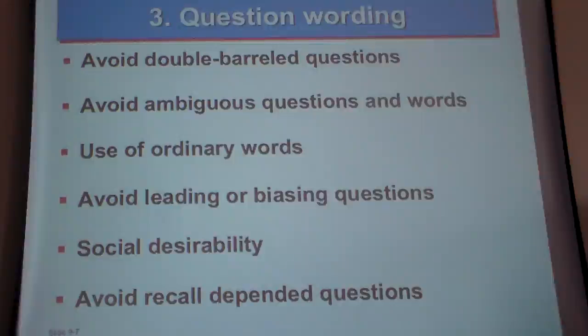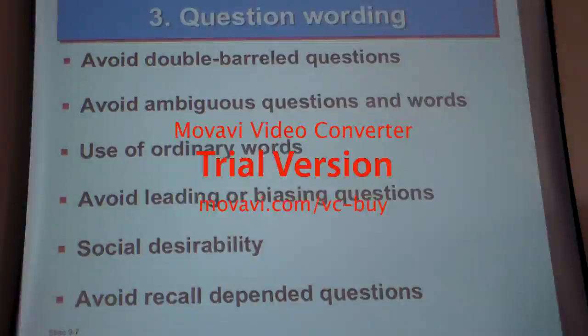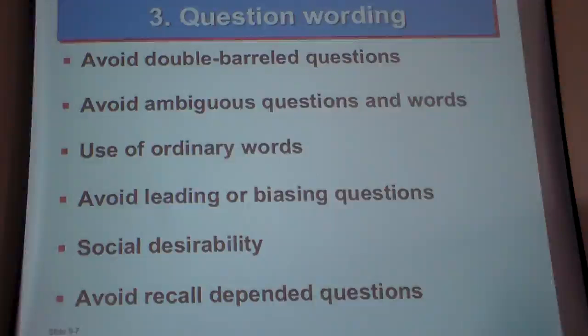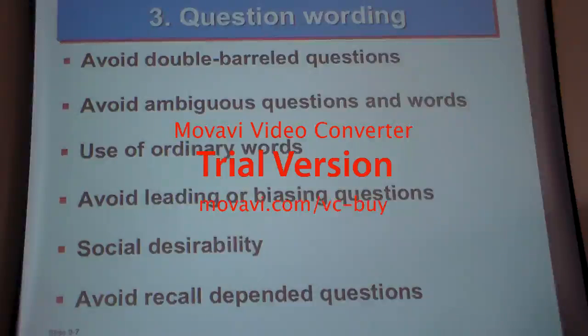So you will be confused: which one should I choose? So avoid this kind of question. Double-barreled means it has the possibility of more than one meaning. It could be this meaning, or this other meaning, or a third meaning, but you are allowed only to choose one answer.